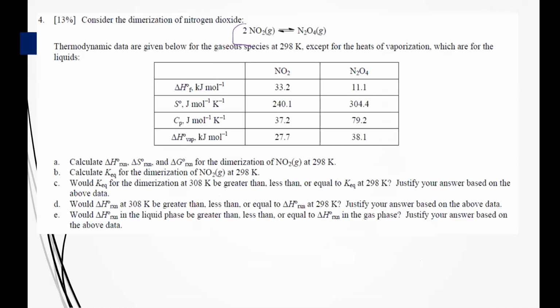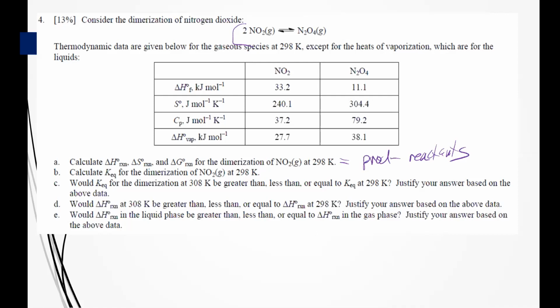All of them solve the same way. What should that equation look like if we want to find the delta H for that reaction? Isn't it just products minus reactants? Products minus reactants. The only difference with these is we have to make sure that we scale them based on how many times we need it. In this case, our product should be our N2O4.